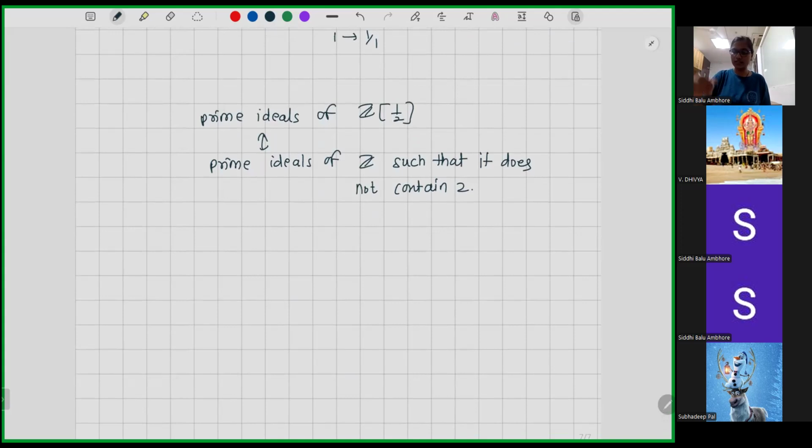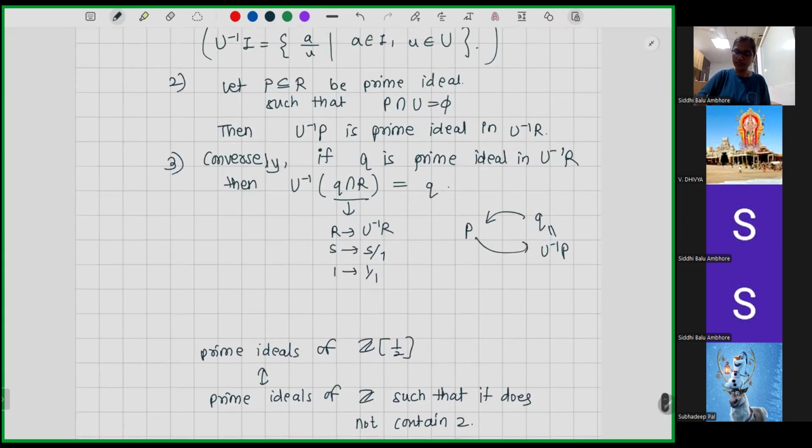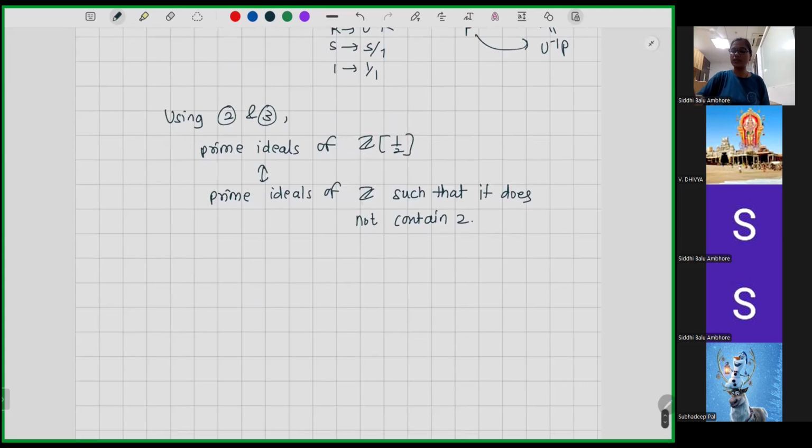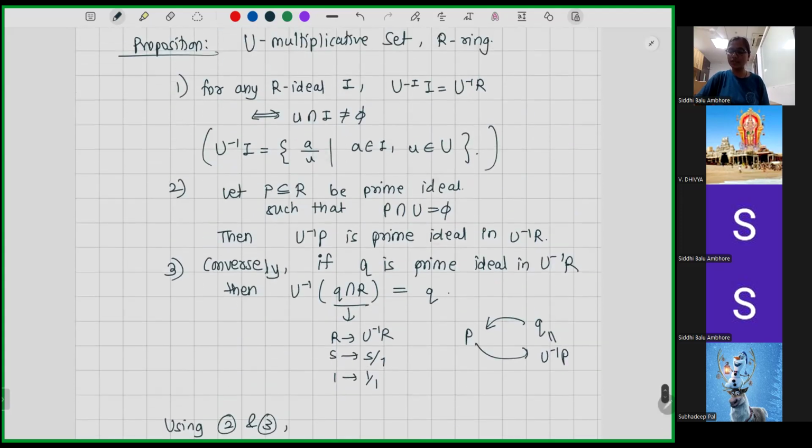Okay, so using this 2 and 3, we can say that prime ideals of Z localized at this multiplicative set 1, 2, 2 square and so on are in one-to-one correspondence with the ideals of Z such that it does not intersect with this. This intersection must be empty.